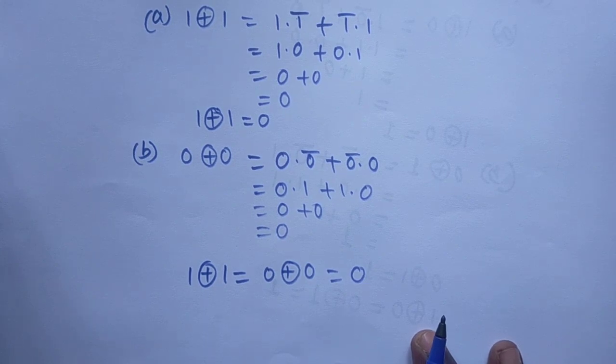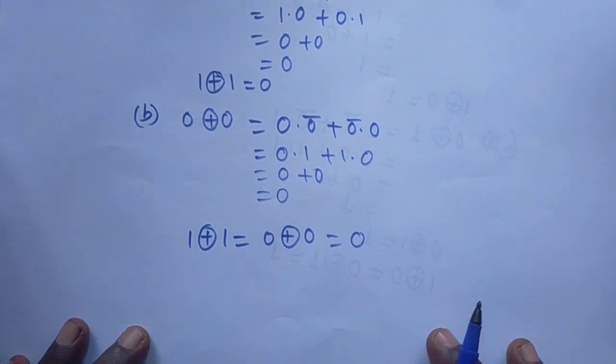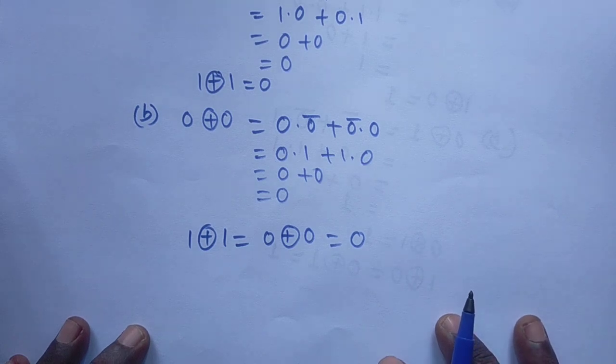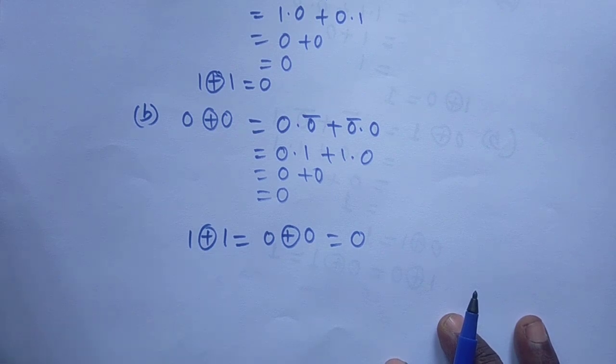Suppose a proof is required. Okay, we know that the opposite value is 1 and the same value is 0, but we have to prove in this way. So different concepts are there. Whenever we use this XOR gate, different properties also we can apply. But here another concept also we can apply. How? Here you see another concept like A complement, B complement, some different ways we can also apply.